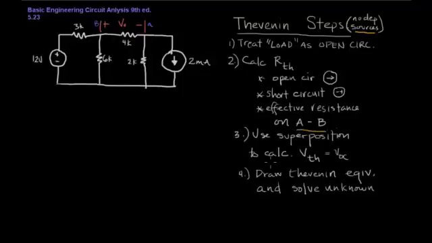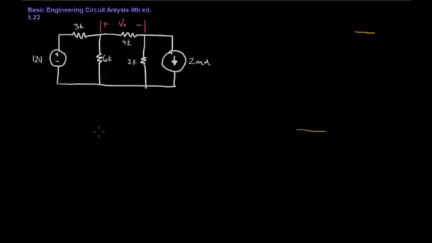Then we'll use superposition to calculate the Thevenin voltage, which is the voltage across the open circuit, V naught. And then we'll finally draw the Thevenin equivalent and solve for the unknown. Okay? Alright, let's give it a shot.